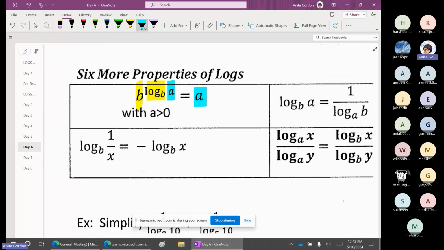Then we take a look at the rule with negative exponents. If you have log base b of 1 over x, that is the same as saying log base b of x to the negative 1. We can just rewrite it and move the negative to the exponent and get rid of the fraction.